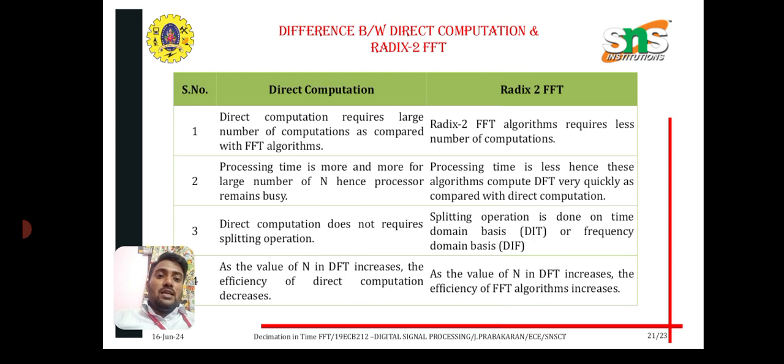In direct computation, processing time is more and more for large N, hence the processor remains busy, whereas processing time is very less when we are using FFT. Direct computation does not require a splitting operation, whereas in FFT the splitting operation is done on a time domain basis, DIT, or frequency basis, DIF.